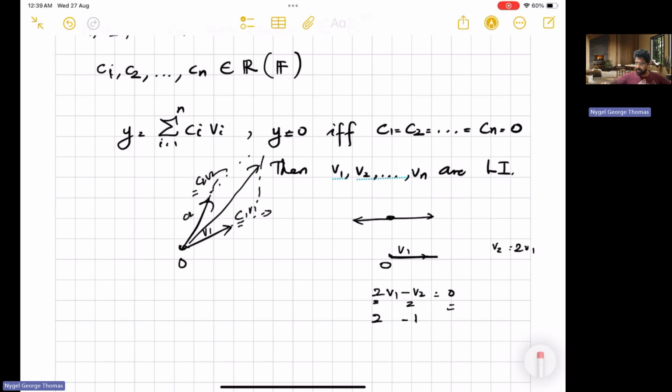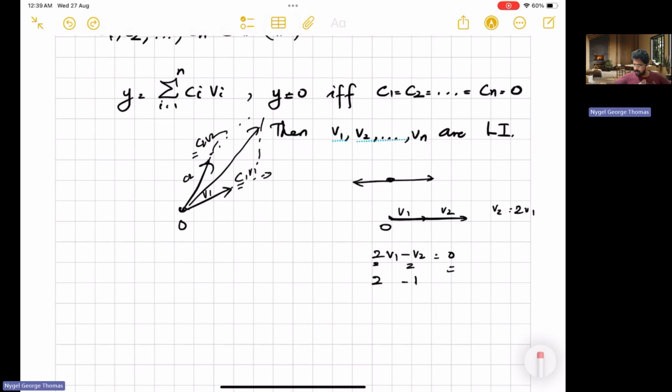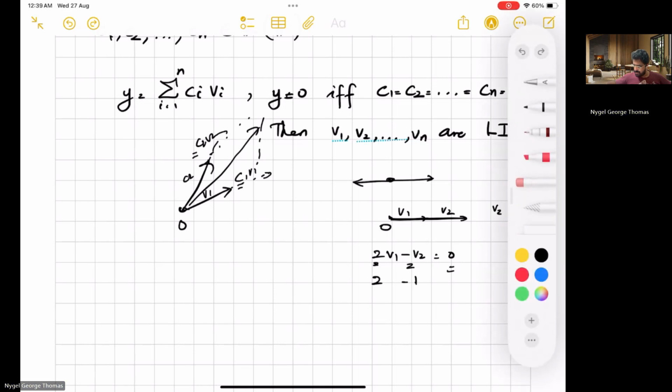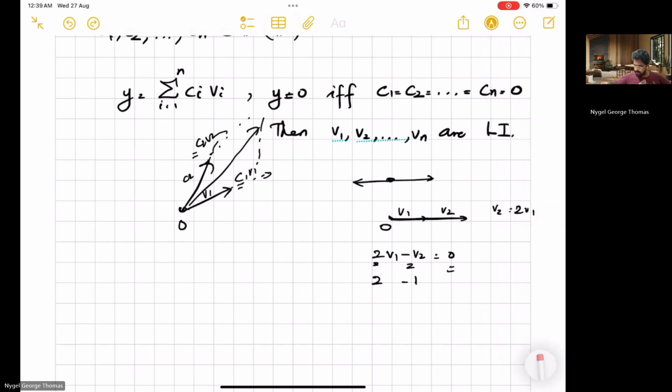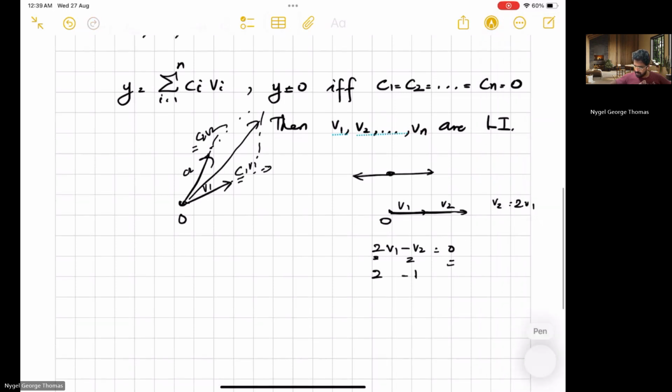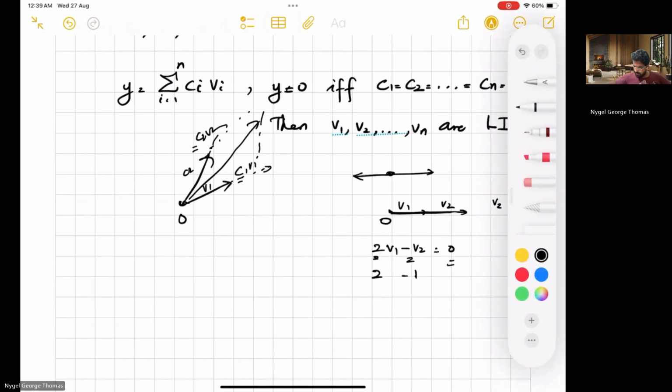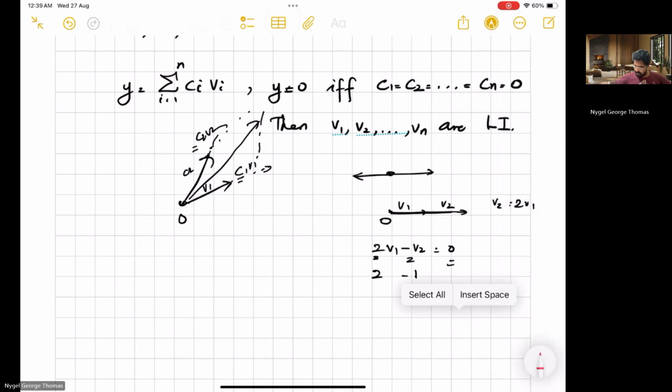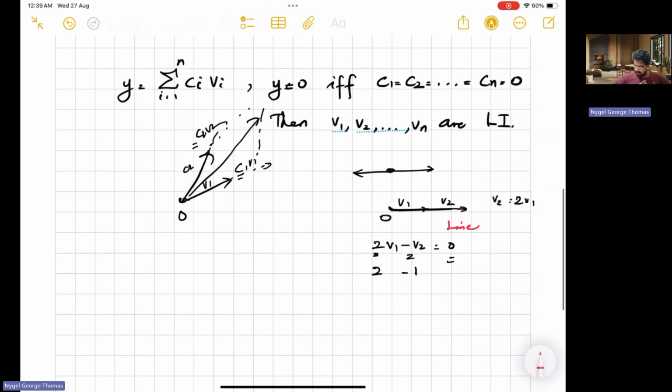So how do you coin that term? If this condition is not satisfied, then you call this linearly dependent.